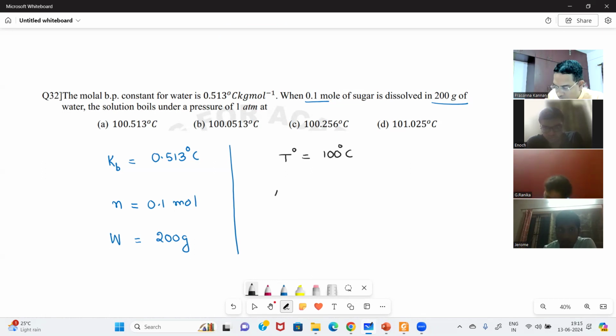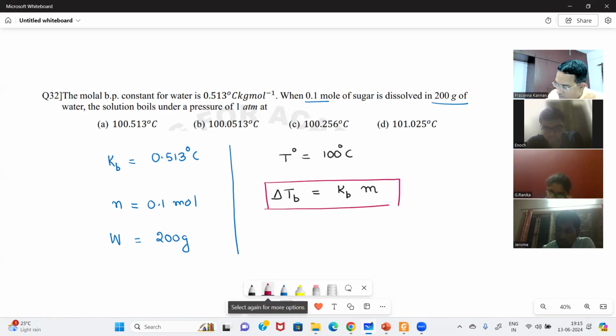Now, the elevation in boiling point is given by the molal elevation boiling point constant multiplied by molality, correct? So that's what we need to find. The ebullioscopic constant is 0.513. We need to find the molality.